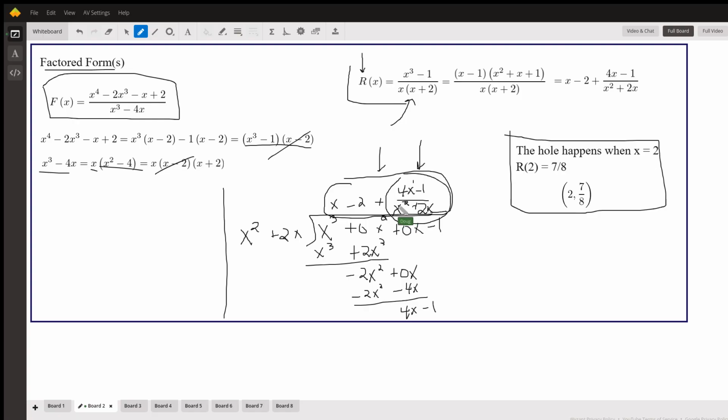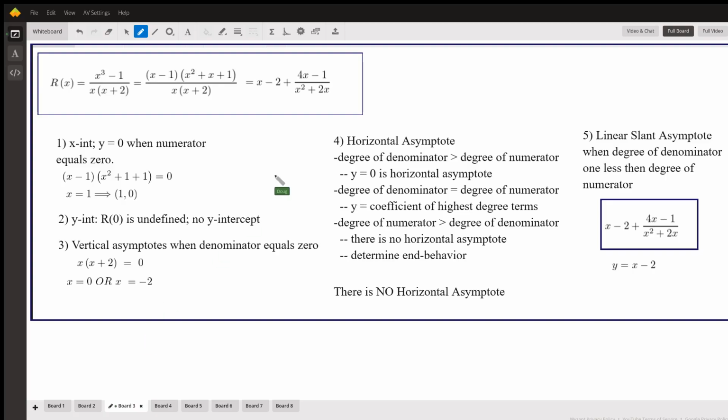So the denominator overwhelms the numerator. So this guy right here is the slant asymptote, y equals x minus 2. We'll see that on board 3, where we start identifying the points and asymptotes that exist on the curve.